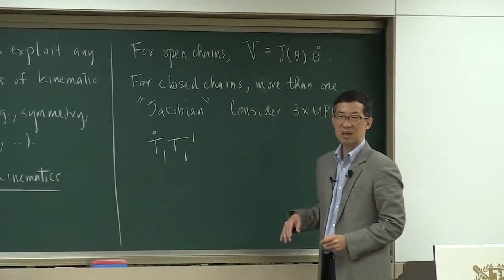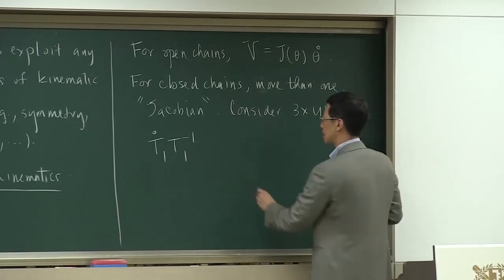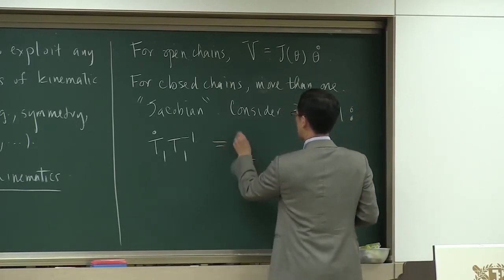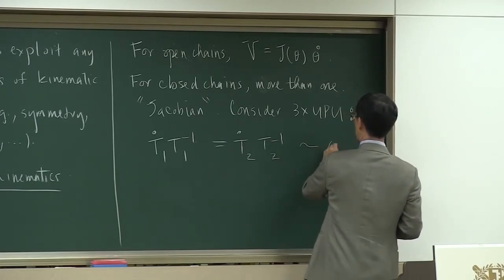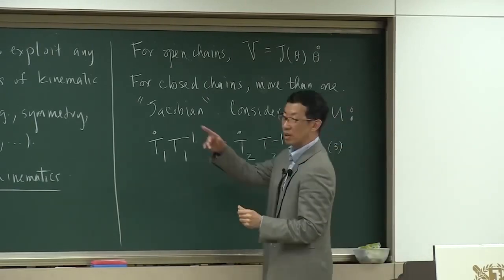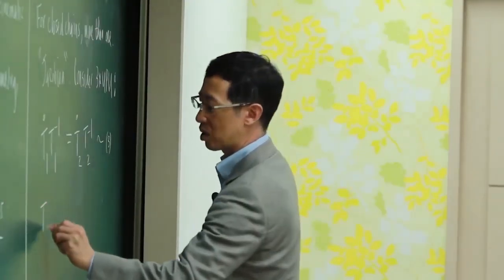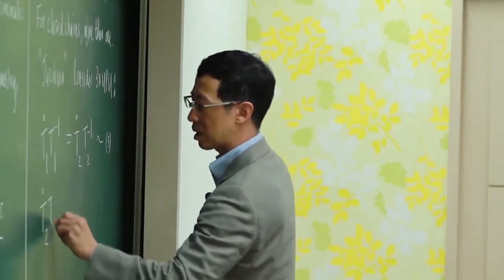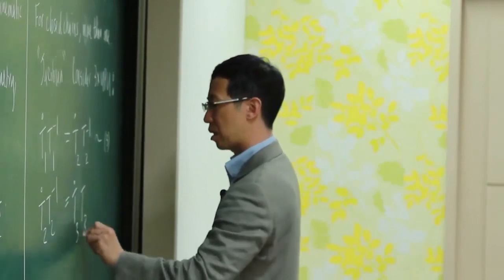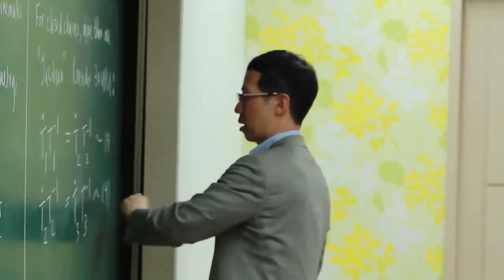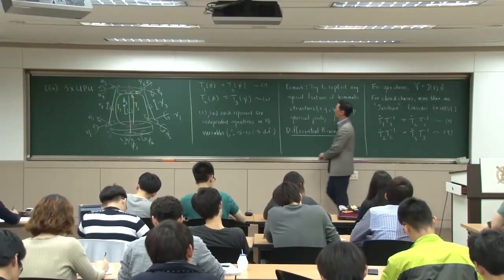So let's say T1 dot T1 inverse is equal to T2 dot T2 inverse. Let's call this equation 3. And similarly, equation 2, we can write T2 dot T2 inverse equals T3 dot T3 inverse. It's equation 4.